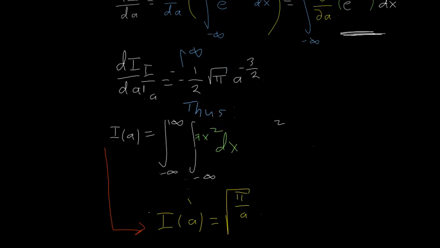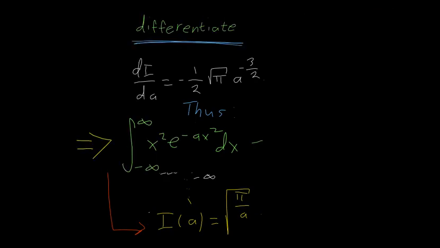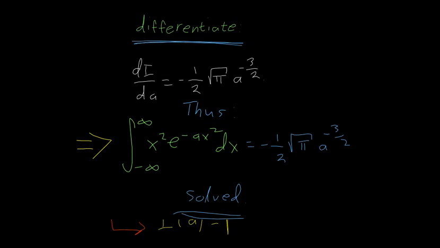Then my improper integral of x squared e to the negative ax squared dx, since it's equal to dI/dA, is equal to negative 1/2 square root of pi times a to the negative 3/2. And we have solved our integral.